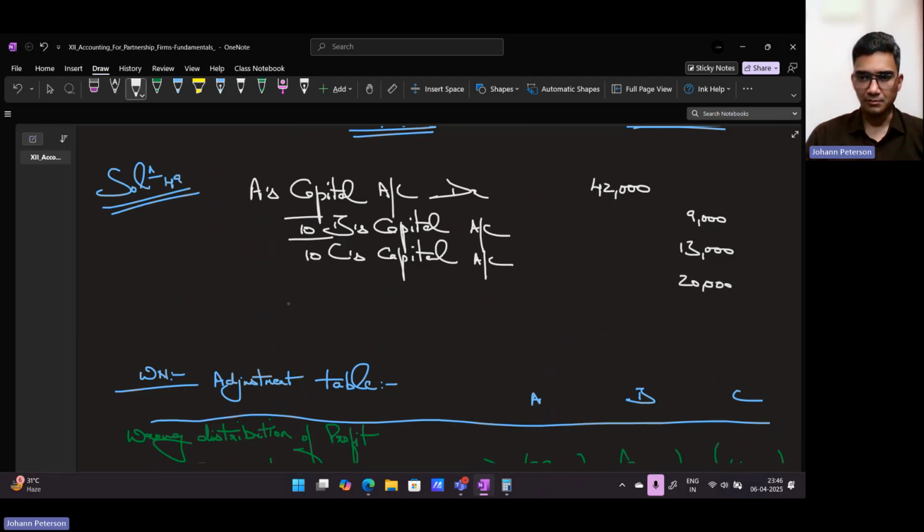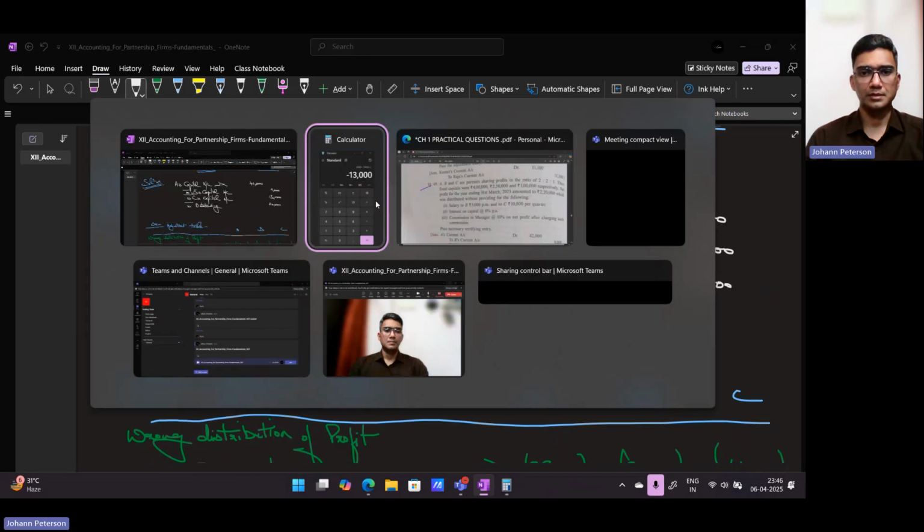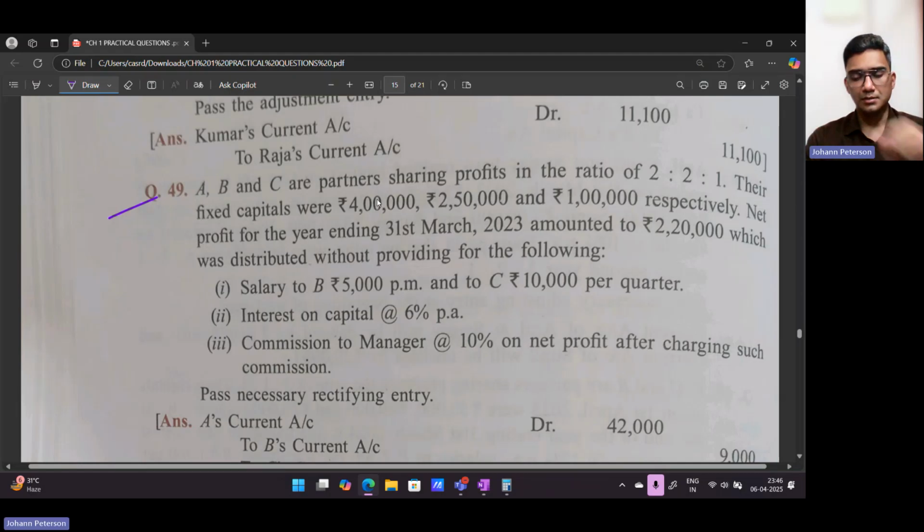So any guesses what this balancing figure is going to be for? This is going to be for your manager's commission. So to outstanding manager's commission, not manager, partner's commission, in fact. Oh, it was a manager.